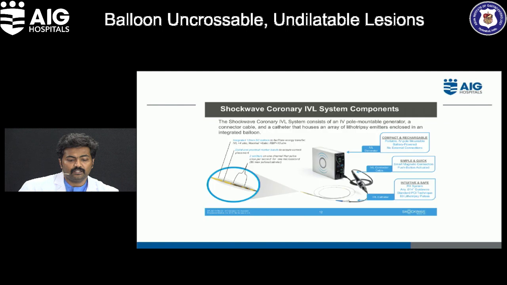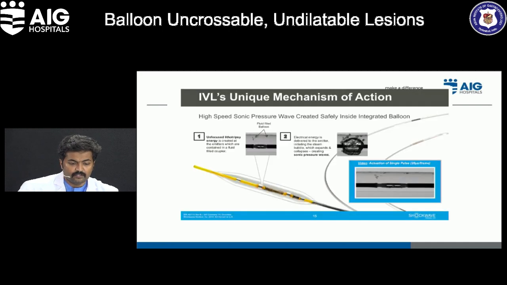It has a unique mechanism by which it emits acoustic waves and creates bubbles, and the waves pass across the vessel and break the calcium. The system contains an emitter and a cable with a balloon with emitters, which, like I said, transmit the acoustic pressures and break the calcium.